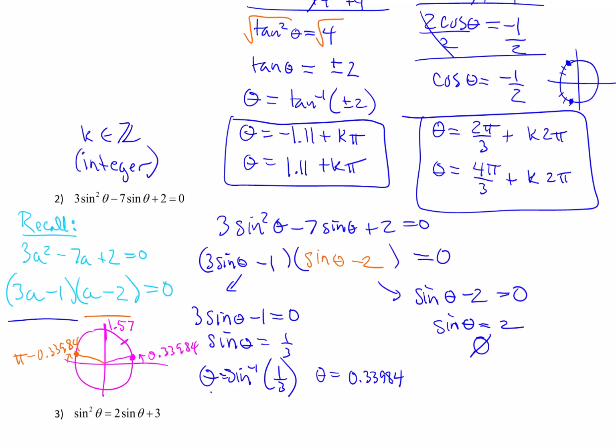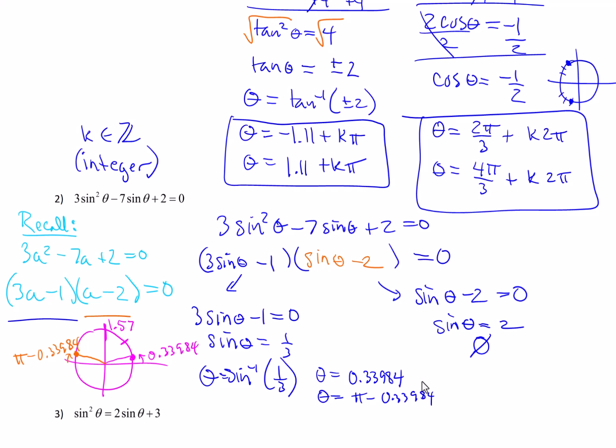So we can say that theta is also pi minus 0.33984. We have two values for theta here. But then furthermore, we know that we could add any period of sine to these, or any multiple of the period of sine, to get other values, as we've been saying.